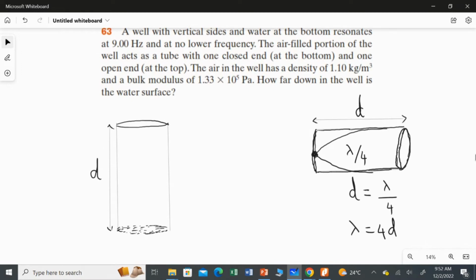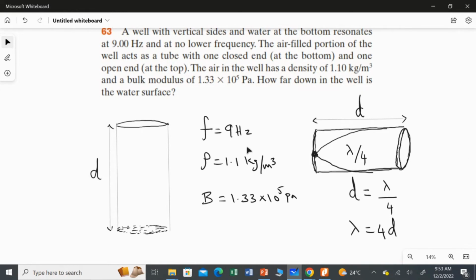And what is given in the question? Its resonance frequency is given as 9 Hz, the density of the air is 1.1 kilogram per meter cube, and its bulk modulus value is 1.33 multiplied by 10 power 5 Pascal.